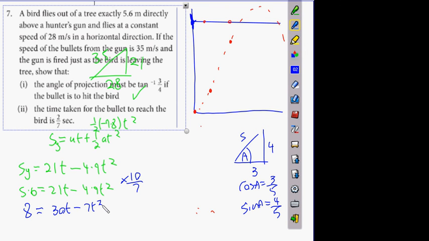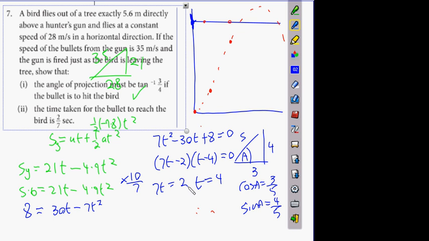Move it all over to one side, form your quadratic: 7t squared minus 30t plus 8. Now, 2 and 4. So 7t minus 2 and t minus 4 equals 0. You have t equals 4, or 7t equals 2, t equals 2 over 7. You're going to hit the bird on the way up, not on the way down. Is that alright?